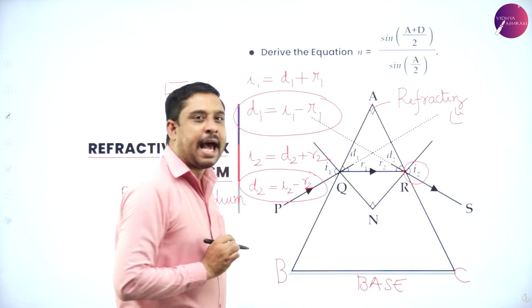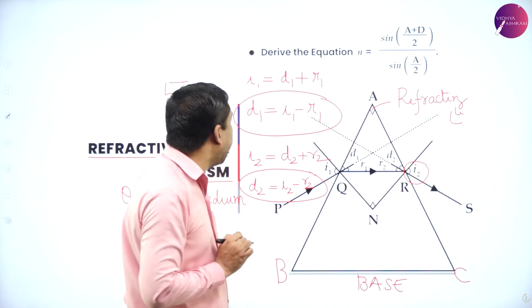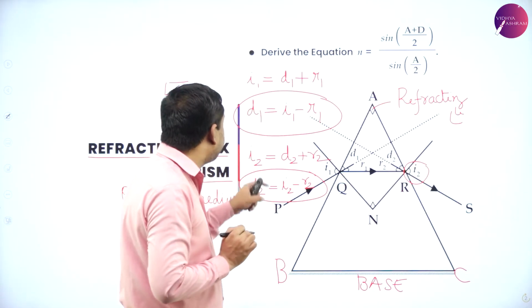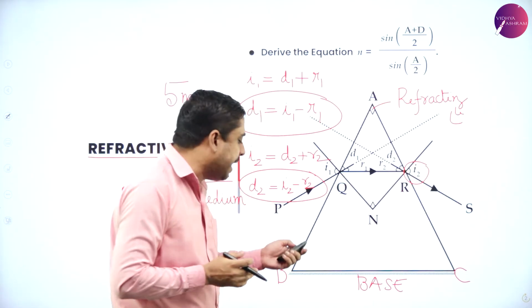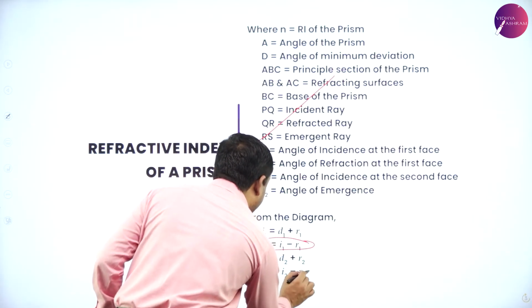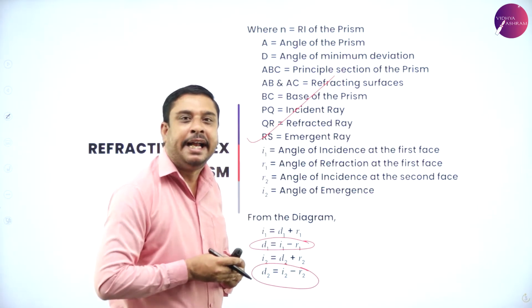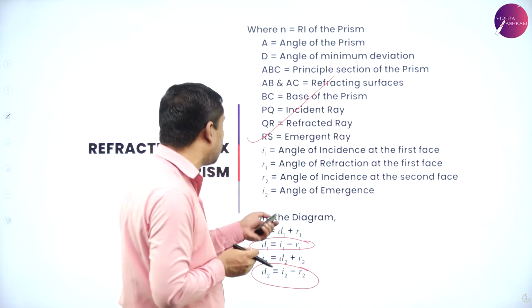So, in the initial step, I have calculated what D1 and D2 are. So, D1 is I1 minus R1. D2 is I2 minus R2.